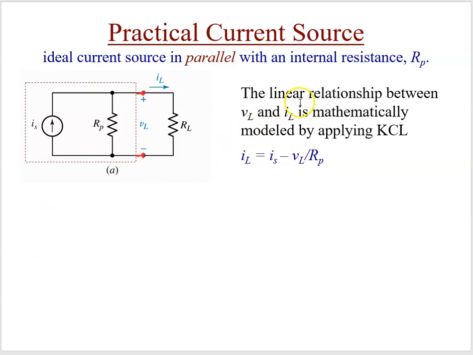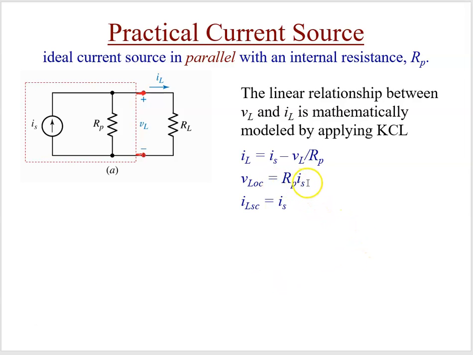So we can model that using a KCL, where the IL current flowing out of the top node here at the positive reference of VL, that's equal to our IS current flowing in, but what's also flowing out is this IP, right? So we can call this IP. That's flowing out, so we're subtracting that. That IP is the load voltage divided by that parallel resistance, RP.